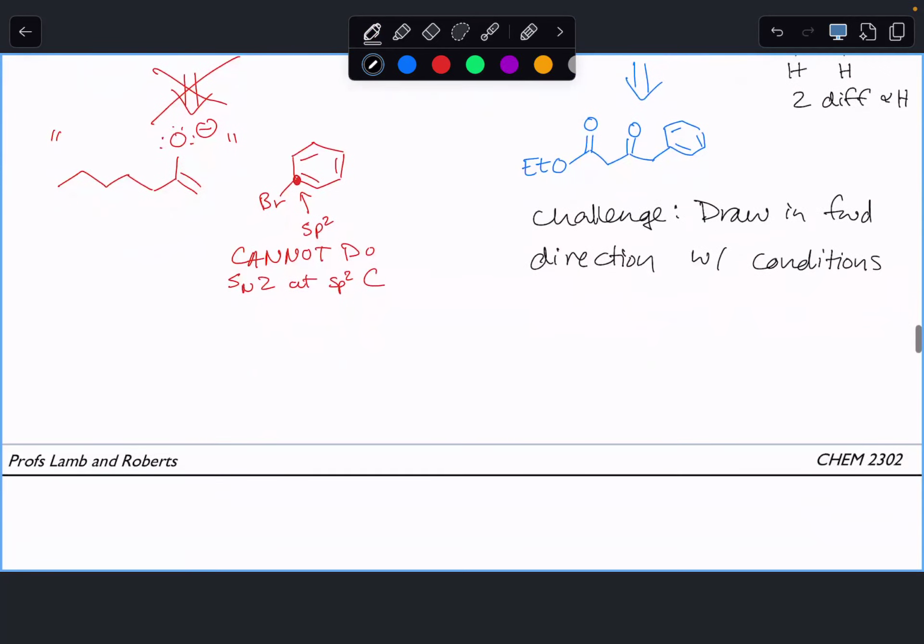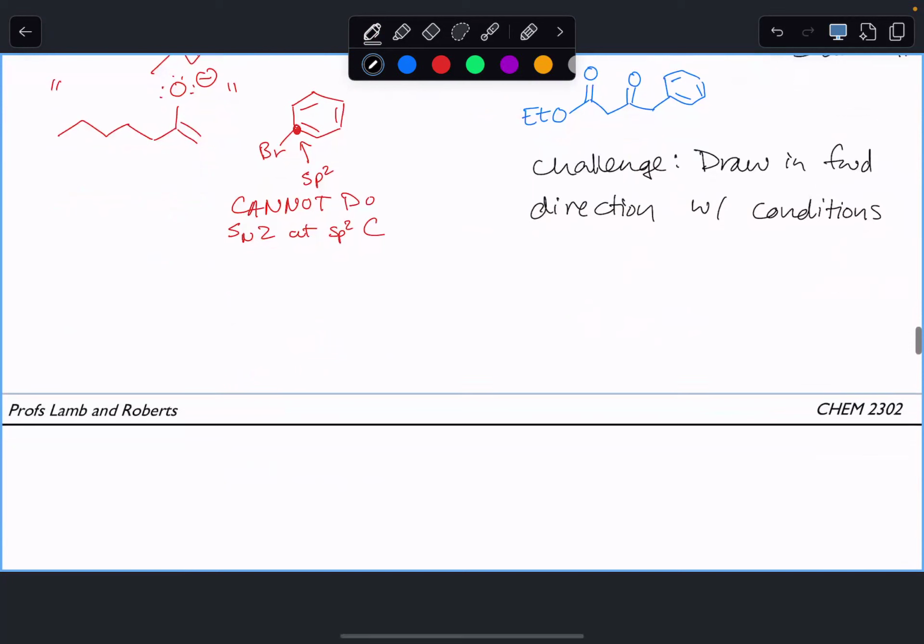All right, let's do one more. If you were asked to make something like this. Our ketone here has this alpha position, so I can cut here.